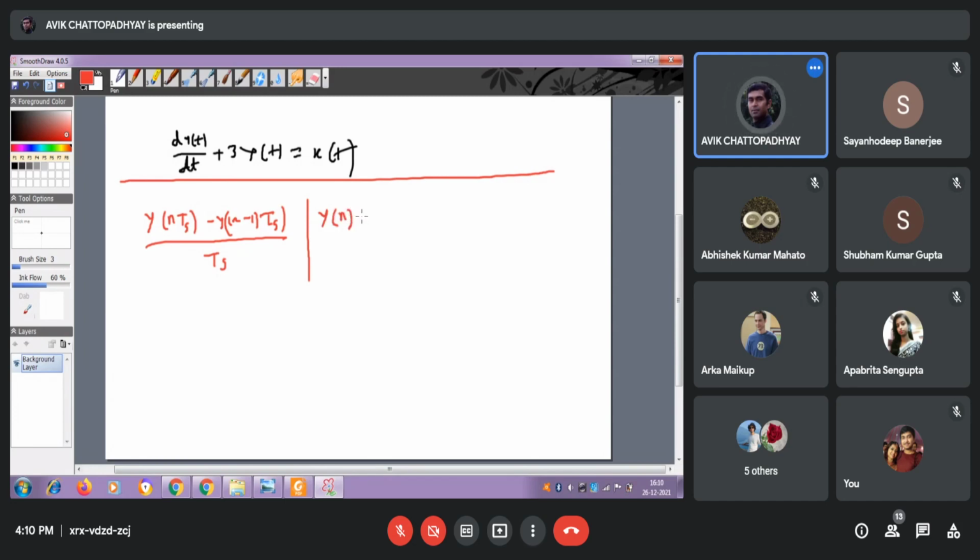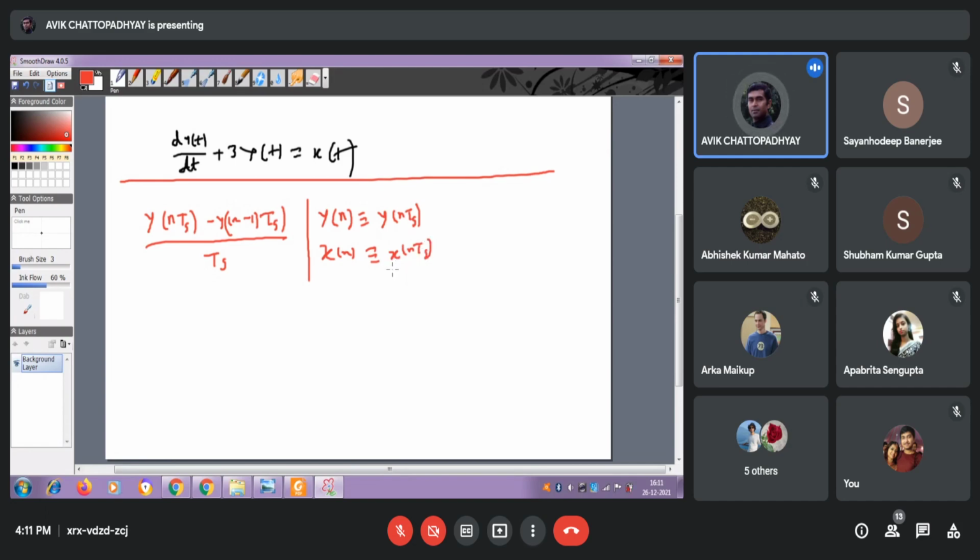How to write y[n]? y[n] is basically equivalent to y(nTs), for any value of n. Again x[n], how to write x[n]? x[n] can be written like, again, it is equivalent to x(nTs). Okay, these are the things.